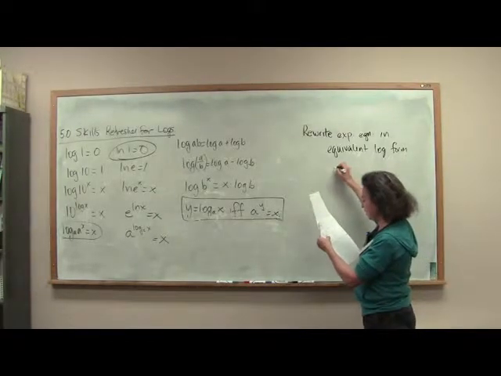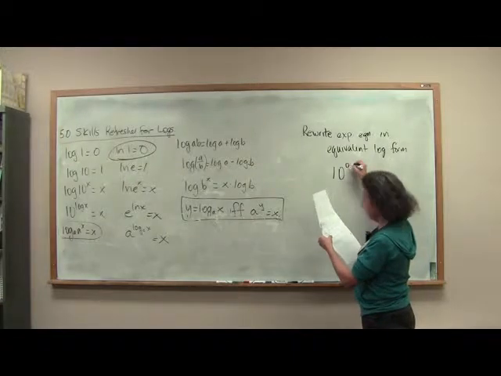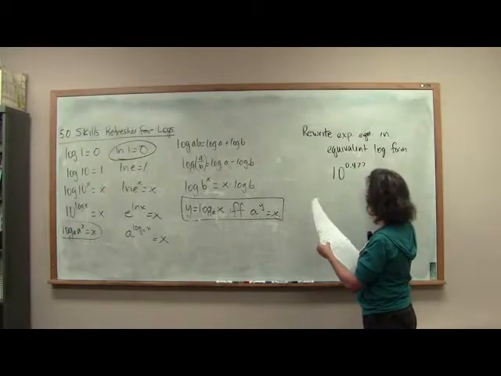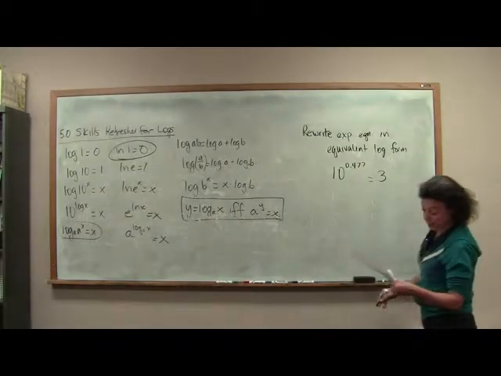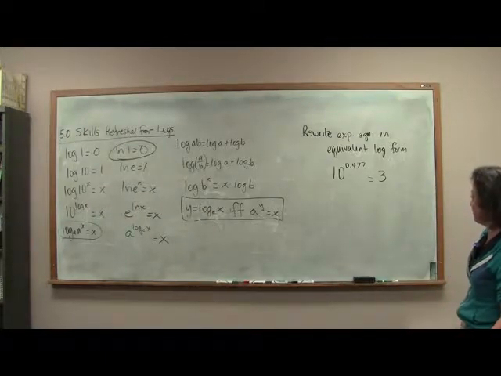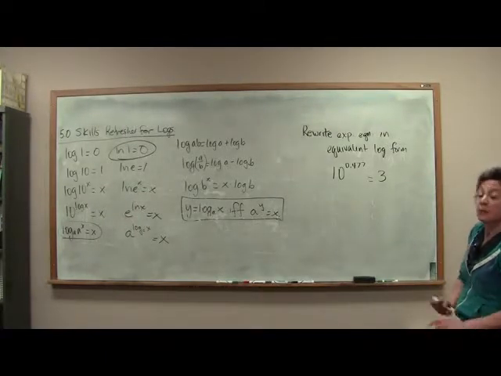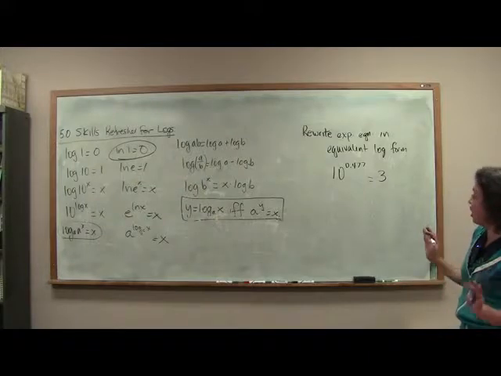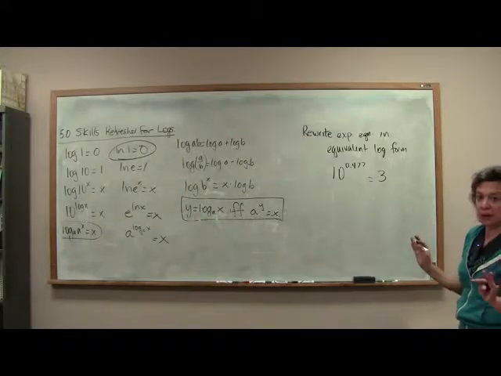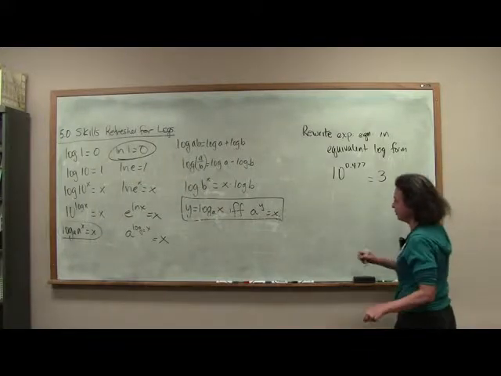So, for example, if I have 10 to the 0.477 power, we're given that that's equal to 3. Okay? We're not solving anything. All we are doing is rewriting this in equivalent logarithmic form.